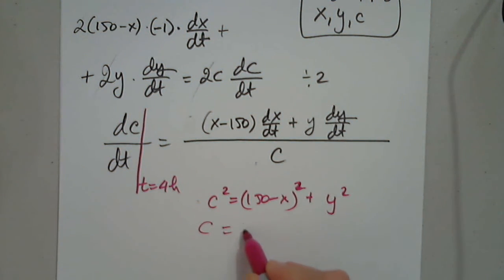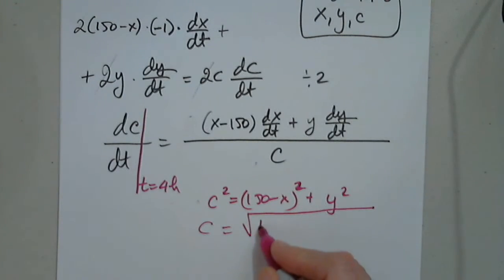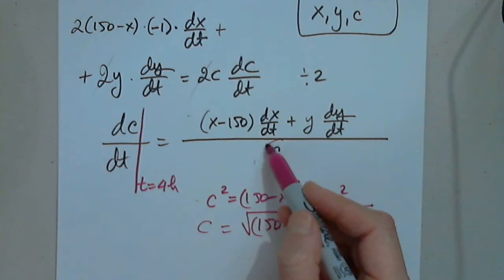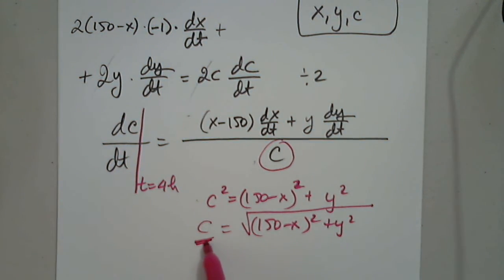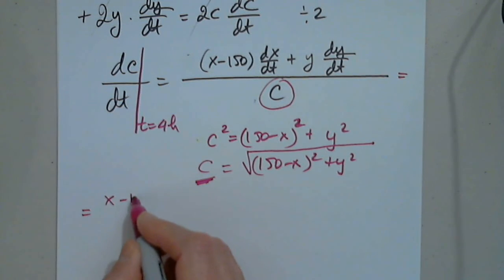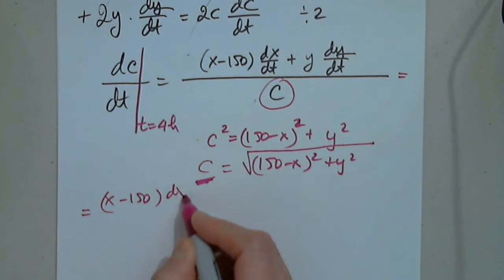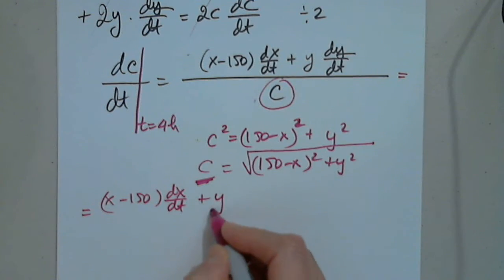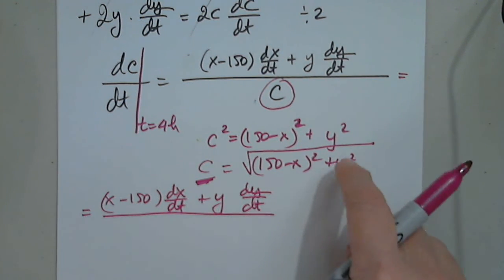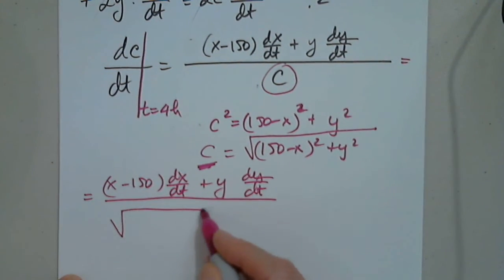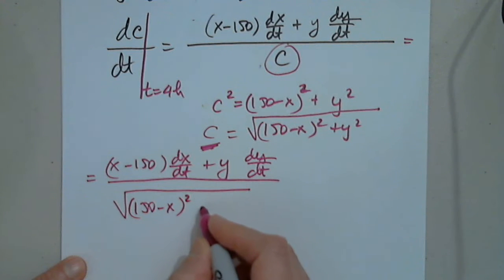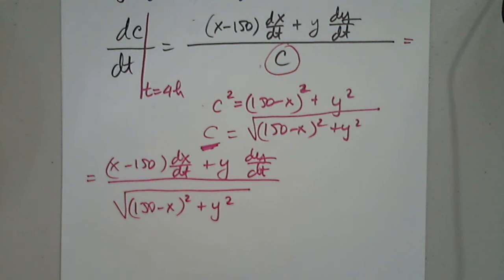This will be c is the square root of 150 minus x squared plus y squared. This piece is this piece. So I'm going to write it one more time: x minus 150 dx over dt plus y dy over dt, and everything divided by c, the square root of 150 minus x squared plus y squared.